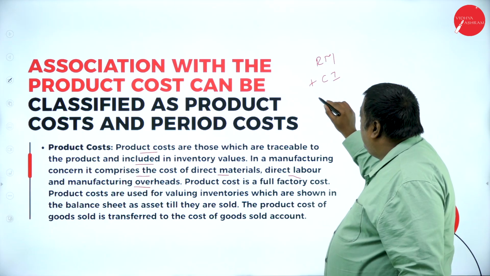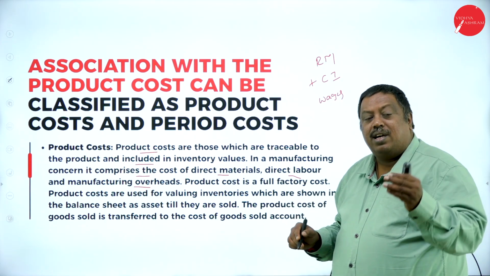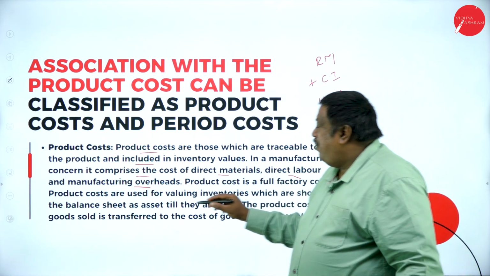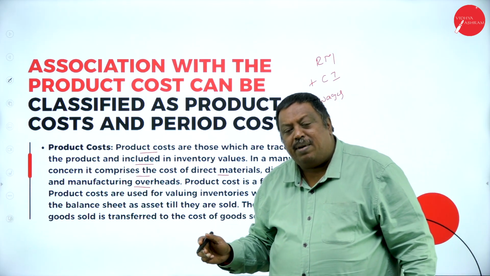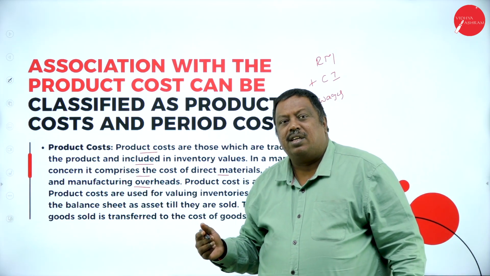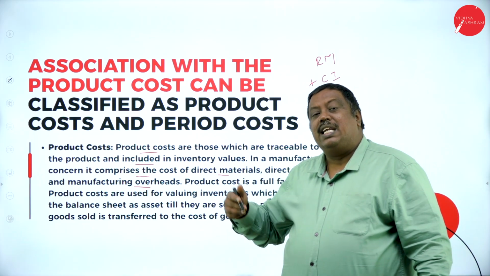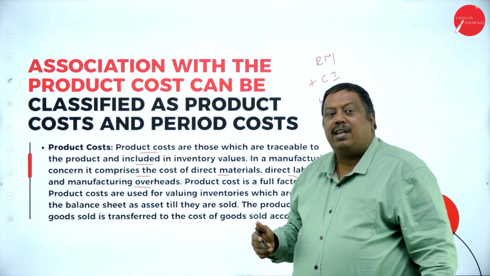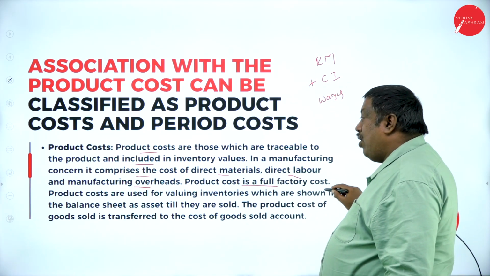Direct labor means wages paid to the people who are working in the production flow. And manufacturing overhead is nothing but factory overheads. Overheads is nothing but the expenditure like machinery cost, indirect material cost, indirect labor cost, indirect expenses, and other related factory expenditure. Product cost is a full factory cost.